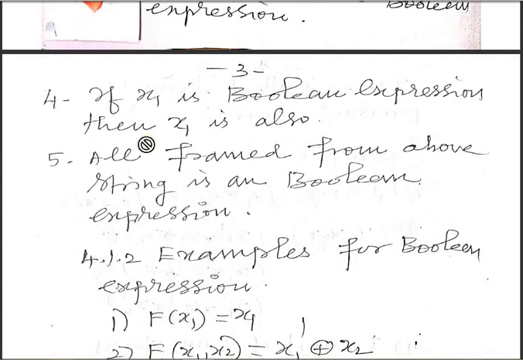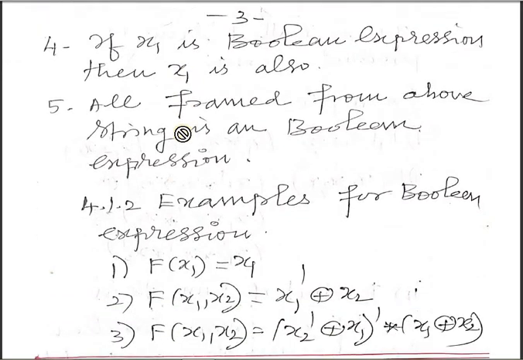Another condition: if x1 is a Boolean expression, then x1 dash, that is the complement, is also included. So if x1 is a Boolean expression, its complement is also a Boolean expression. And the last point: anything framed from the above strings is also a Boolean expression.